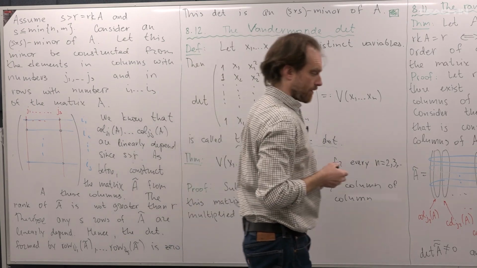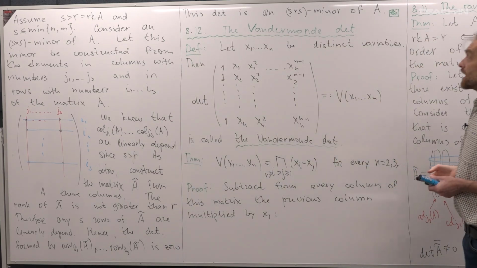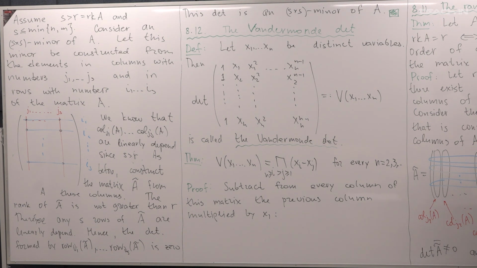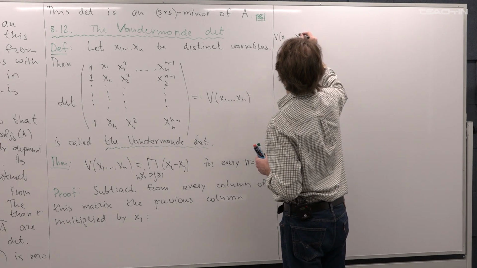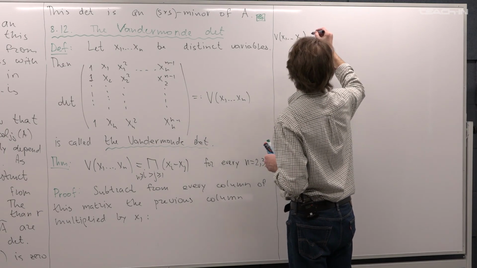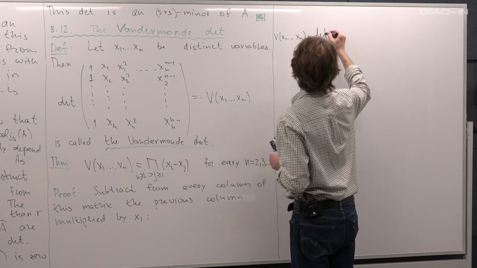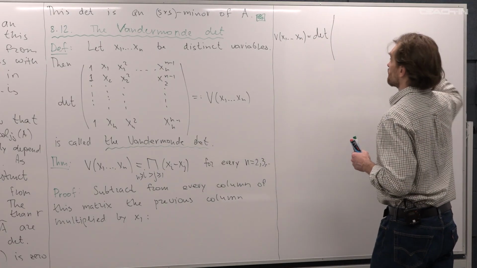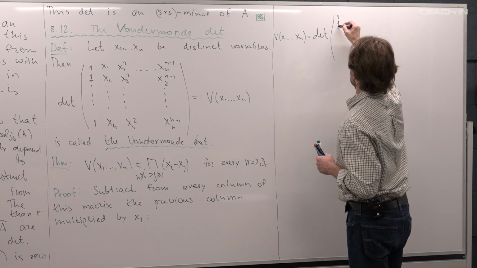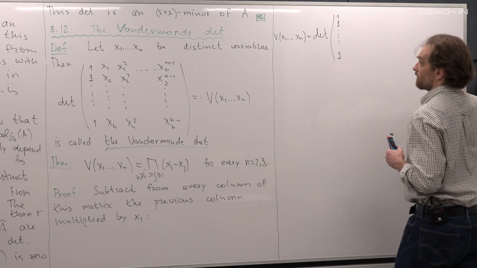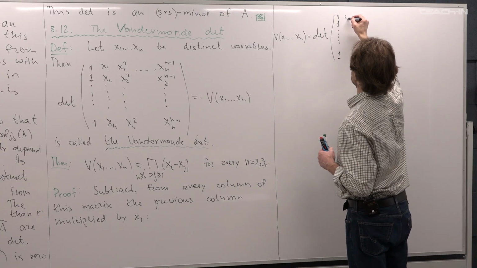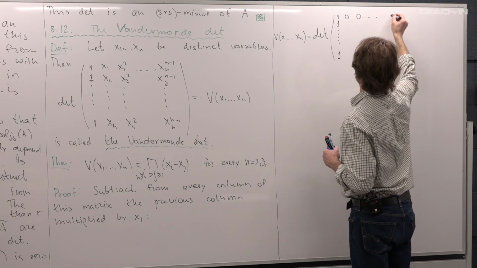So this is one of the elementary column operations, and such operations do not change the determinant, so let us look what happens. So V of x1, etc., xn equals the determinant of the matrix that has the form, so the first column is preserved, and then we have 0 here, 0 here, and so on.